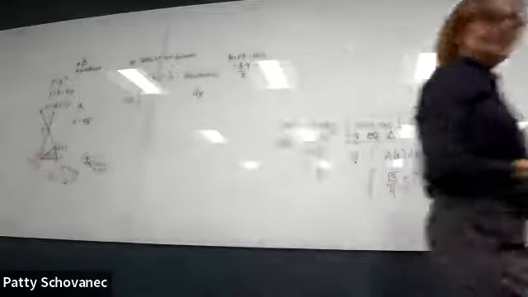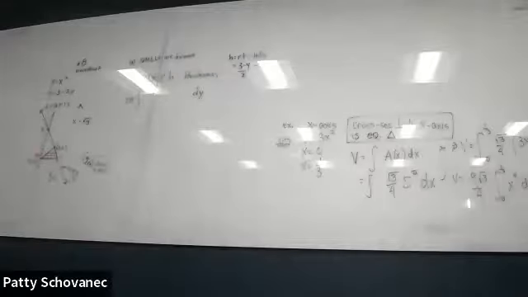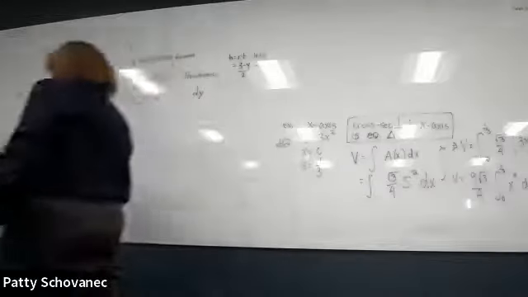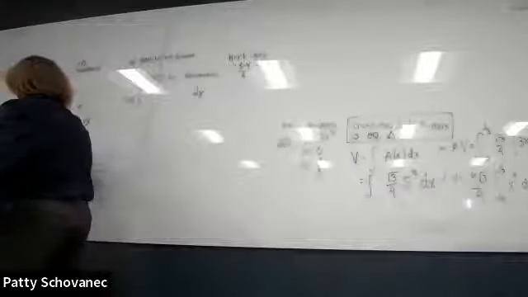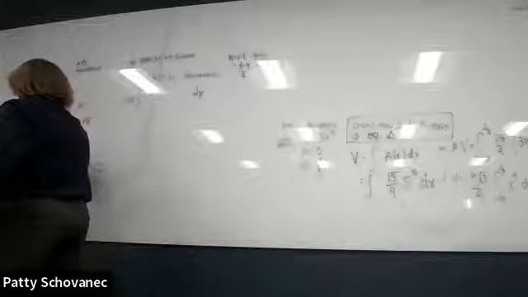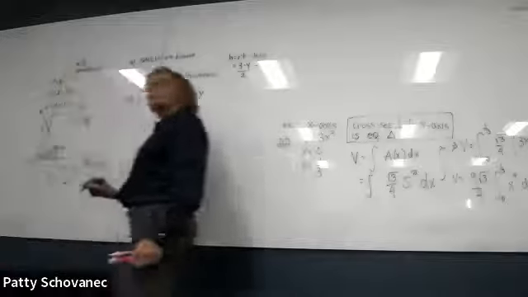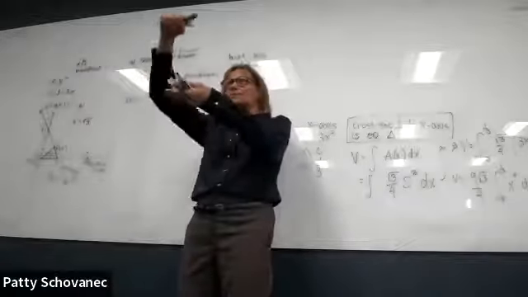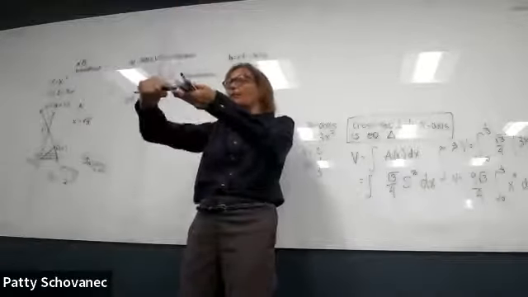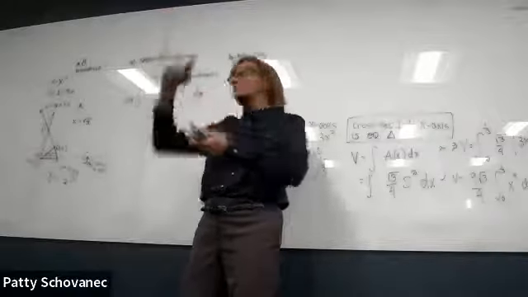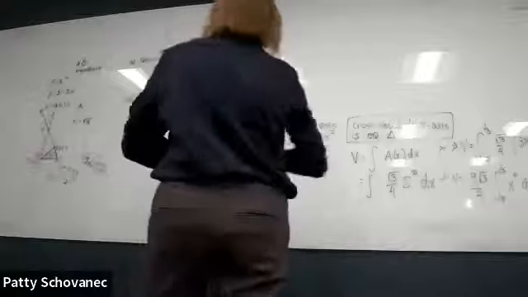R is the distance between the axis of revolution and the middle of any partitioning rectangle. So as that rectangle moves up the region, R is going to be this distance right here. How can we measure that distance from the x-axis if it grows throughout the problem? With y. That's the variable y. It's going up the y-axis. So R is just the variable y.